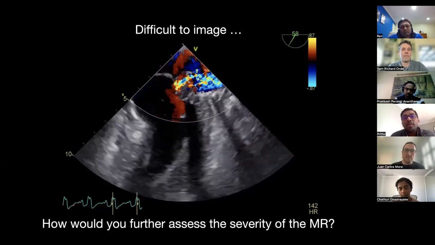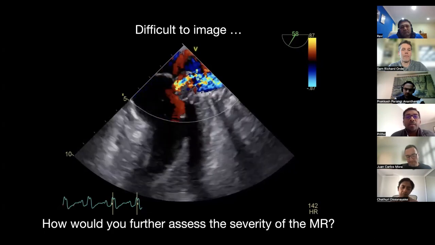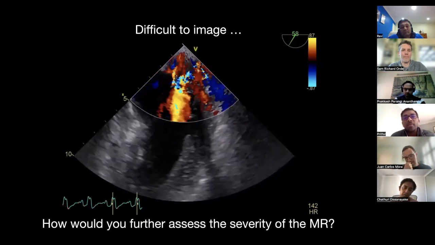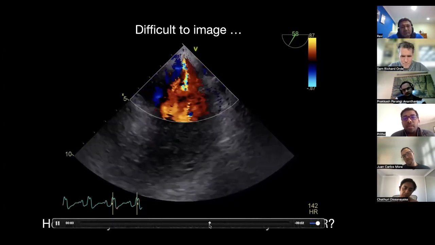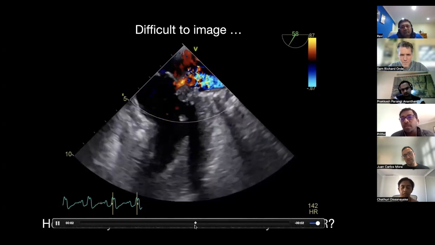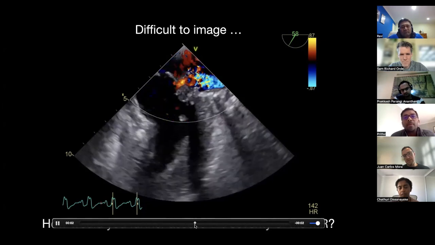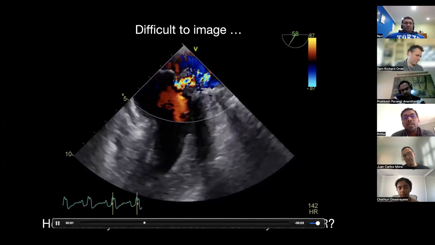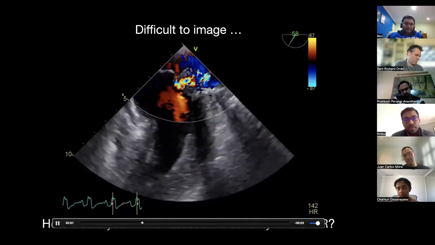There's a prominent flow convergence. I have to slow the image speed down to measure the vena contracta. But looking at the 2D anatomy and this, it was most likely to be a severe MR. I'm seeing a significant amount of flow convergence and possibly a wide vena contracta of at least 0.7 or more.